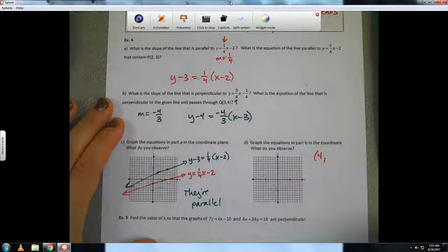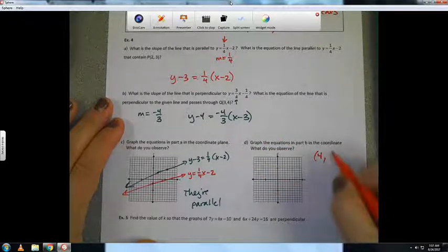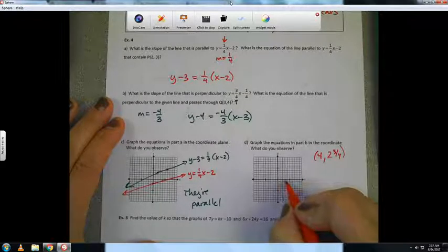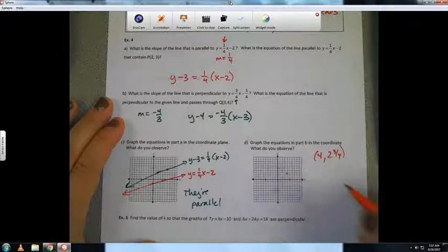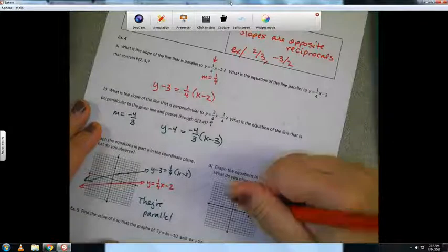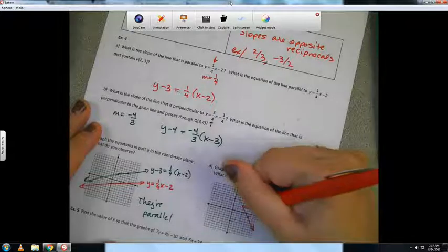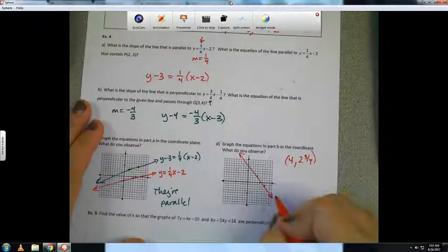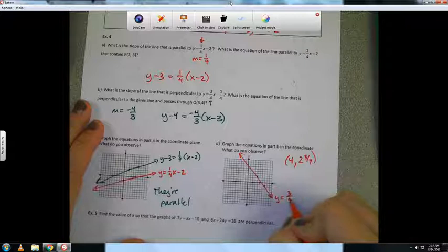So that would be 3 minus 1/4, which is 2 3/4. That's a little bit better. So we have over 4, up 2 3/4. And we're going to go down 4 over 3. So here's our approximation of y equals 3/4 x.